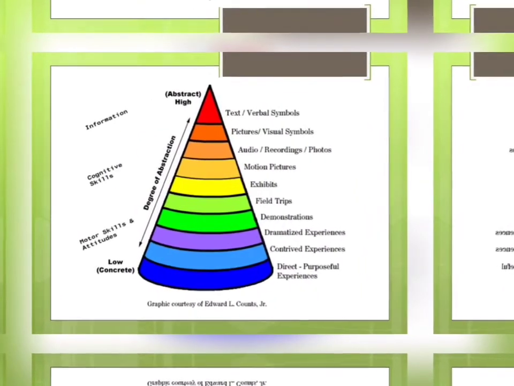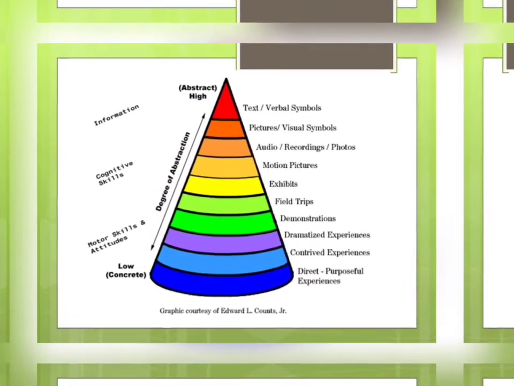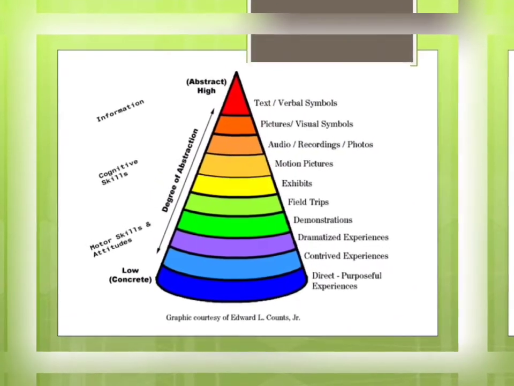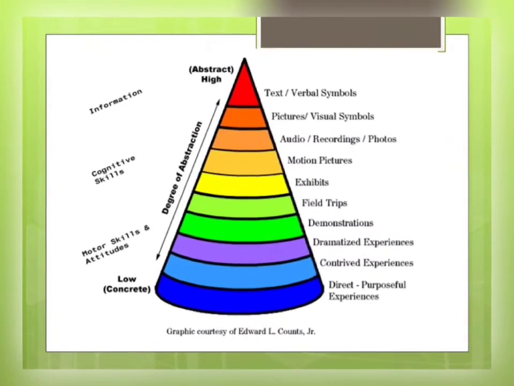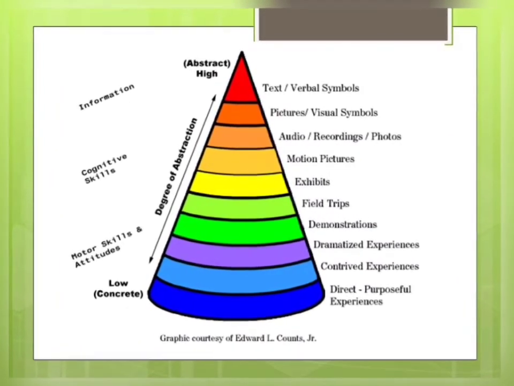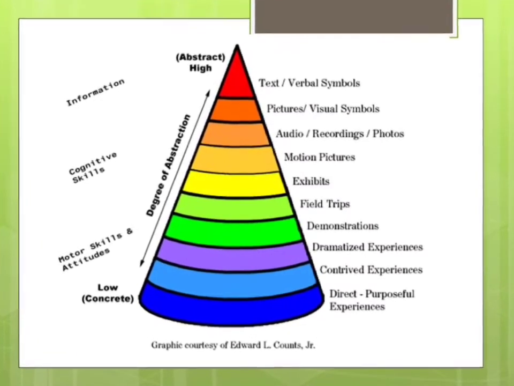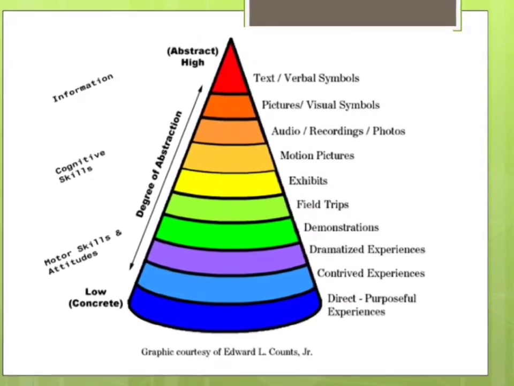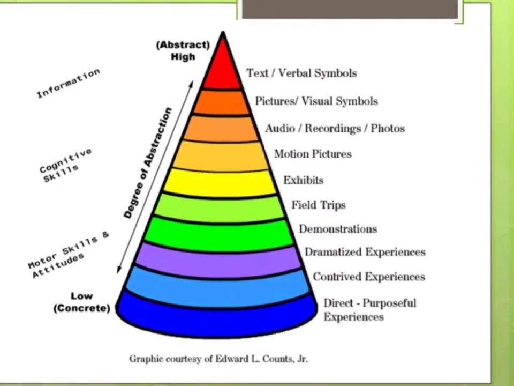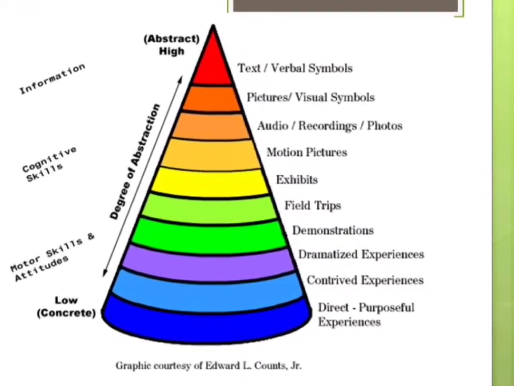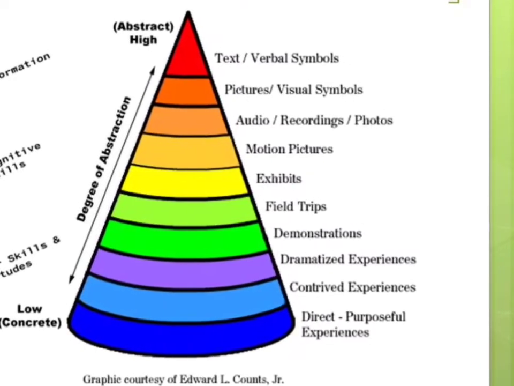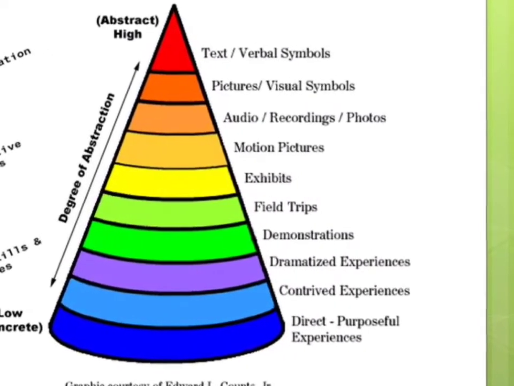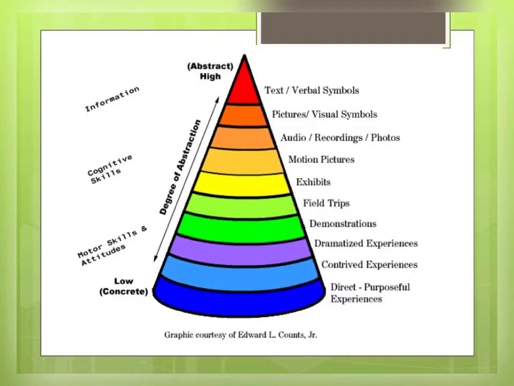With reference to the 8 M's of instruction, one element is media, another is material. These two M's, media and material, are actually the elements of the cone of experience. Edgar Dale's cone of experience relates well with various instructional media which form part of the systems approach to instruction. This picture is the Dale cone of experience.